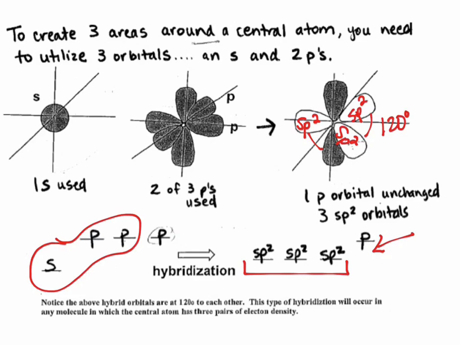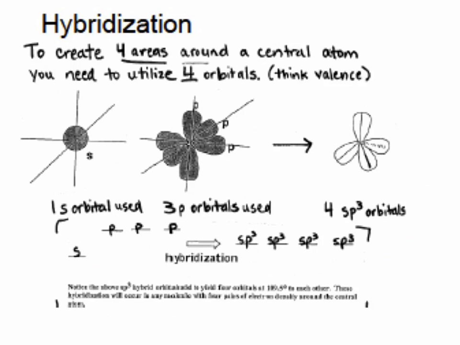If I go back to the last slide, each one of these is an sp3, and the bond angle between those, since there are 4 of them, would be 109.5.